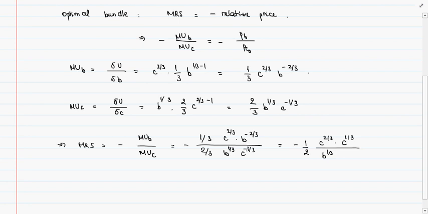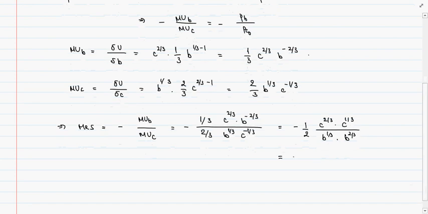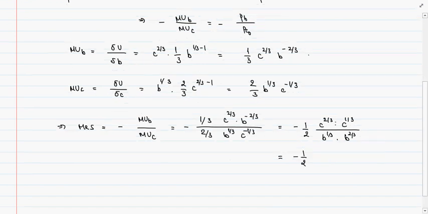If I move it down to the denominator, it becomes B to the power 2/3. So I get rid of the negative sign. C to the power 2/3 multiplied by C to the power a third is going to give me C to the power 2/3 plus 1/3. This is the power rule that we learned before. And B to the power 1/3 plus 2/3. So again, it's just going to give me a half C over B.